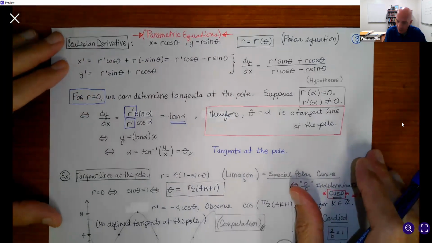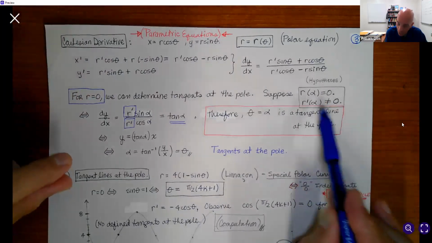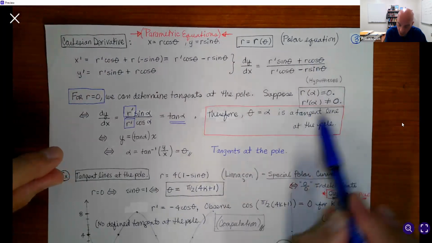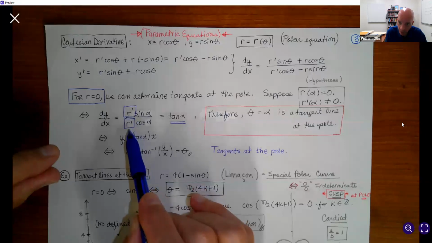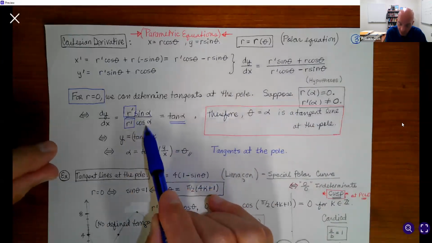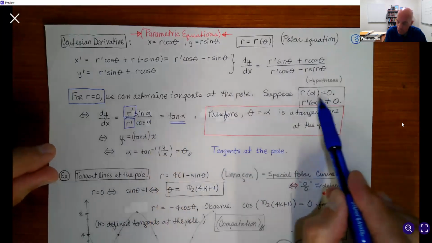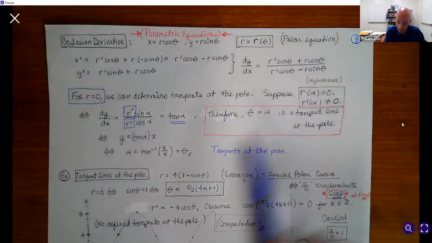It certainly makes the graphs a little bit easier to draw. So now with this stipulation, so we don't get the indeterminacy, the r primes, as I've noted here, are absorbed, and that just leaves us with sine alpha divided by cosine alpha, and then we have tangent alpha. Of course, assuming that alpha is a zero of the polar equation.